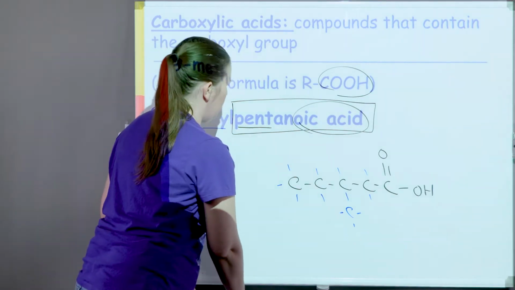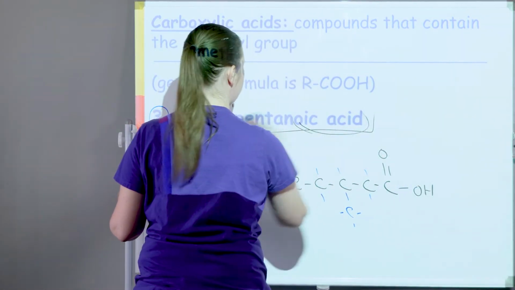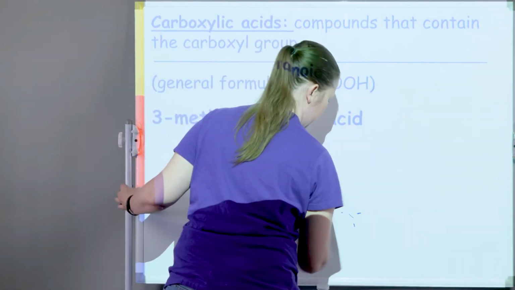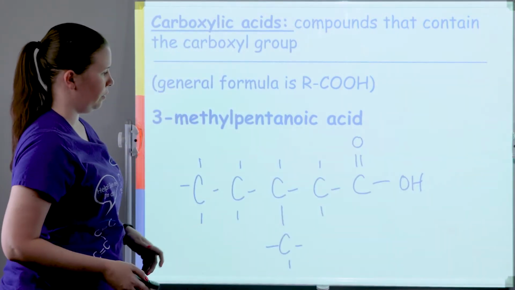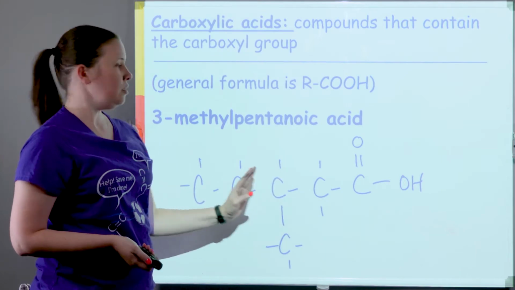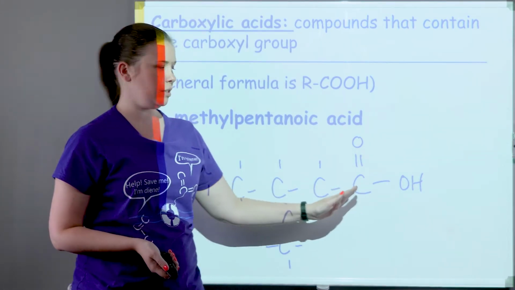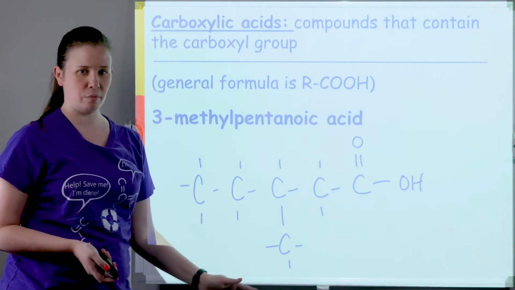So this would be our 3-methyl pentanoic acid. All right. Notice on this one, we would have gotten lucky either way because the 3 is in the middle of the 5 carbons. So even if we numbered 1, 2, 3 or 1, 2, 3, we still end up with the same carbon.